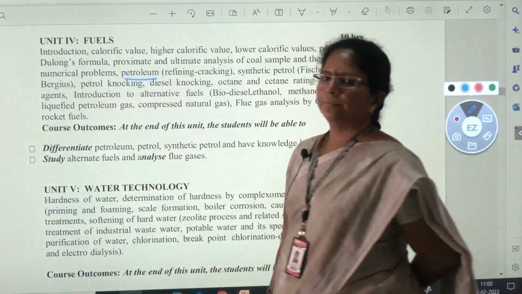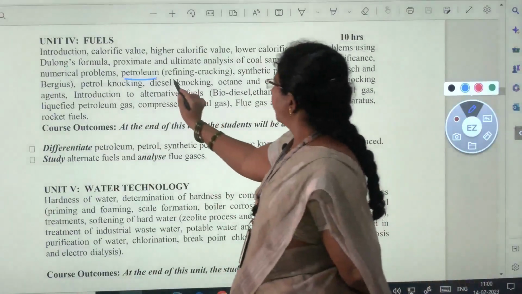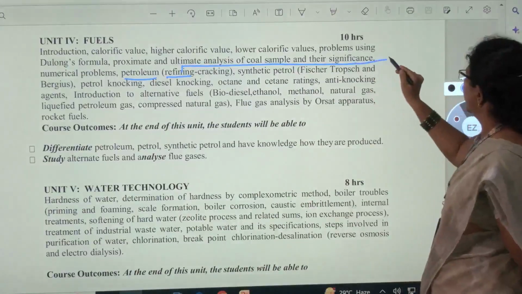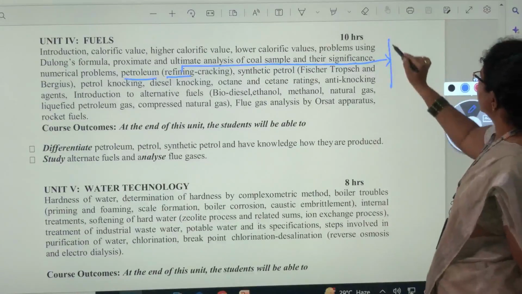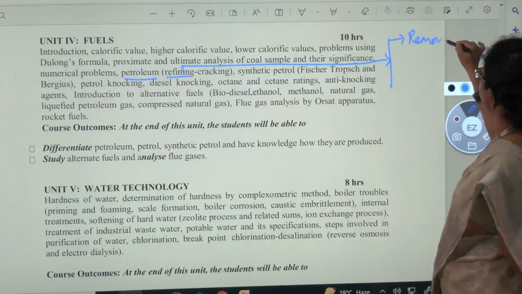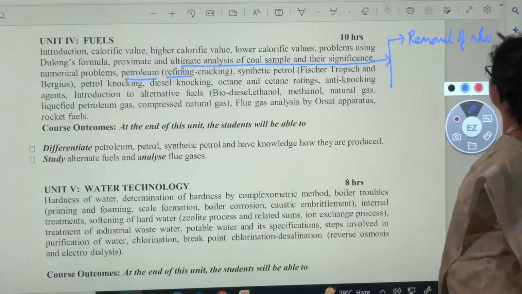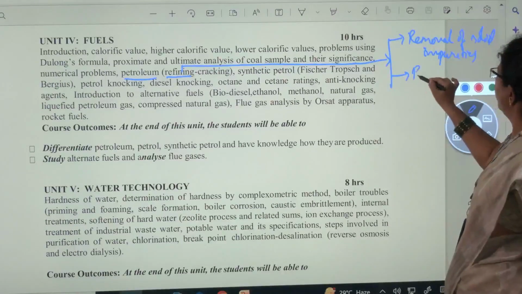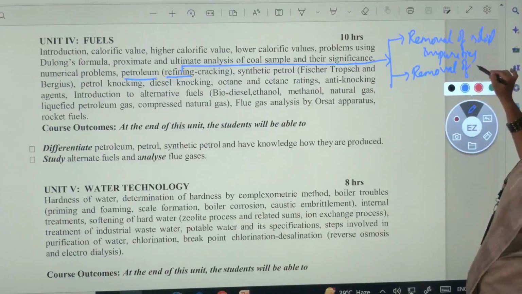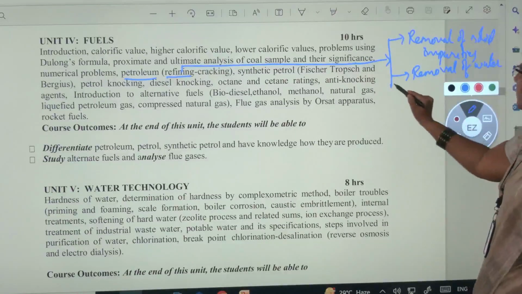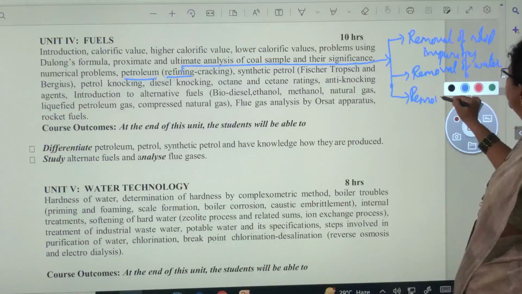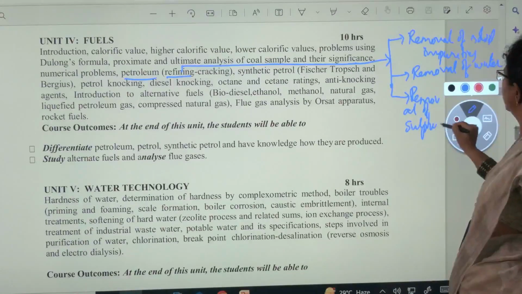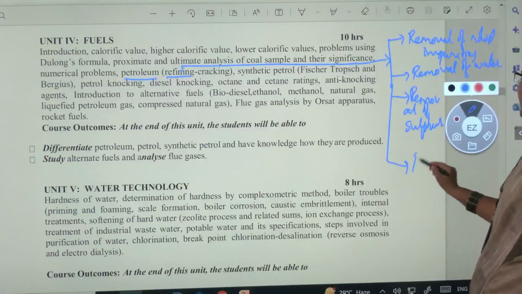Next topic is petroleum. In petroleum, we will discuss the refining of petroleum. So in the refining process, we have to discuss the removal of solid impurities, removal of water, removal of sulfur, and the last important one is fractional distillation.